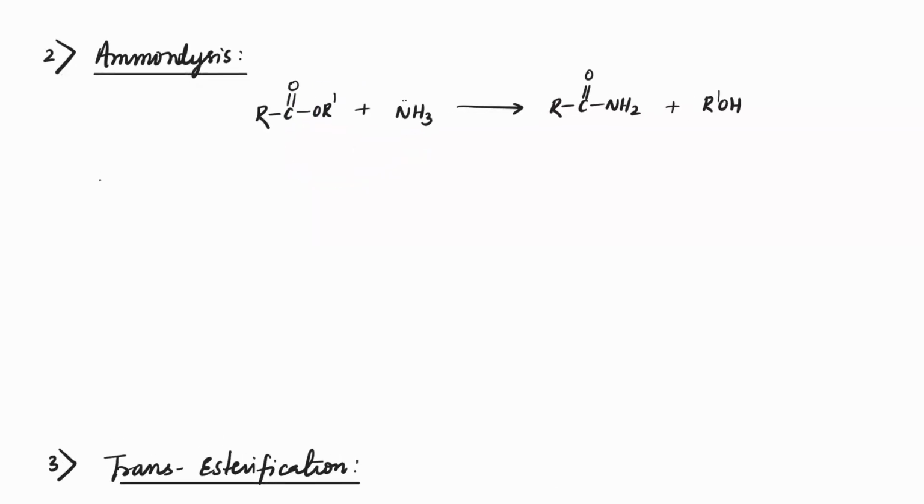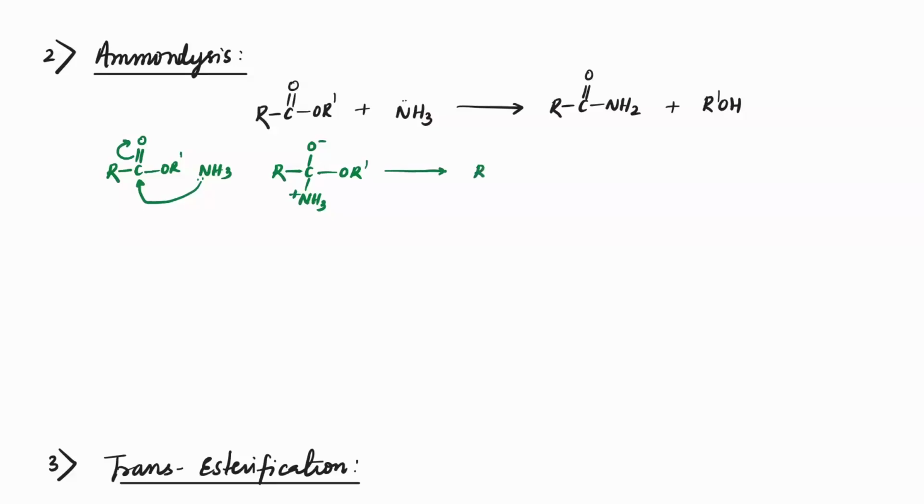Okay. So mechanism type is very similar. That is, in case you have R, C double bond O, OR dash, ammonia as a nucleophile will attack here. Addition will take place. You get this as R, C, O minus, NH3 plus with OR dash.